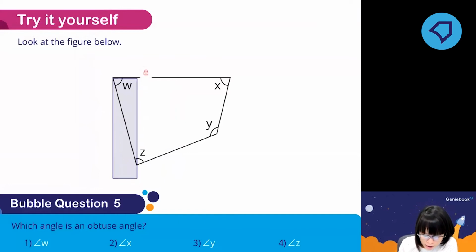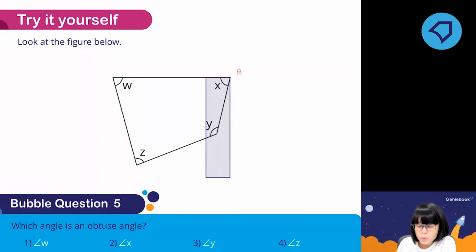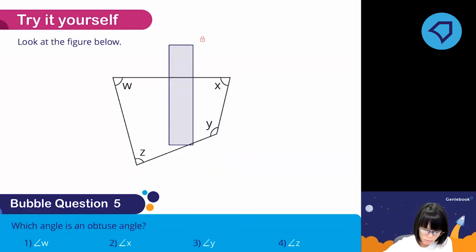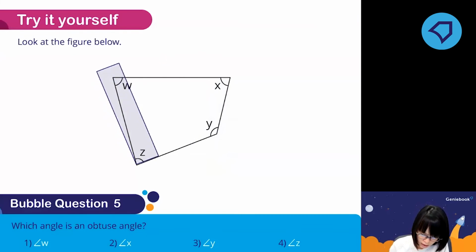So for this one, angle W, you notice that the other line ends inside the ruler, so it's an acute angle, okay? Angle X is also an acute angle because the other line goes inside the ruler. Let's go to angle Z. It's not quite perfect, but for angle Z, you notice that the other line also goes into the ruler.